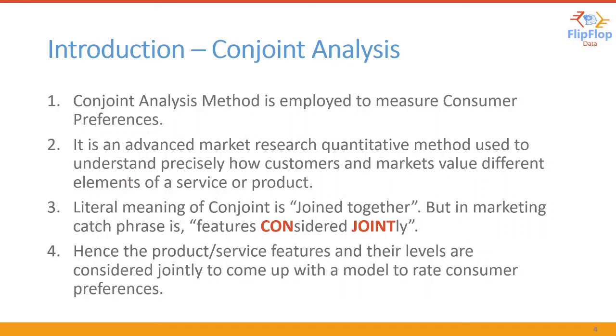So we can define conjoint analysis as an advanced market research quantitative method to understand how precisely consumers and markets value different elements of a service or a product. So let me elaborate on this.